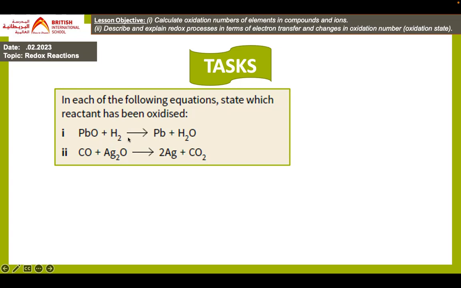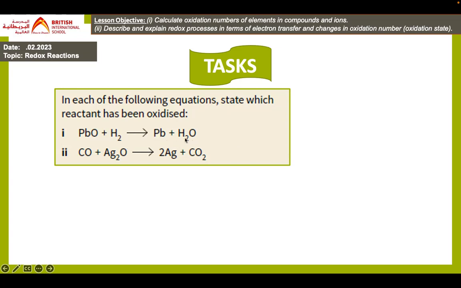After the reaction, there is no oxygen with the lead. There is oxygen with the lead before the reaction, and after the reaction, there is no oxygen with the lead. It means lead is losing oxygen, so lead is getting reduced here.